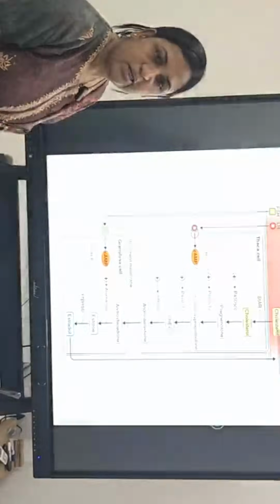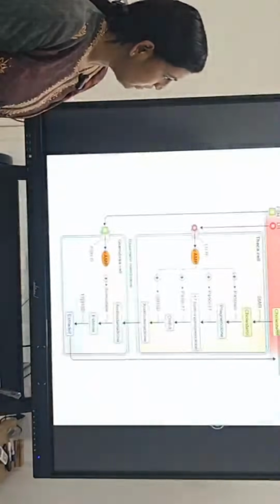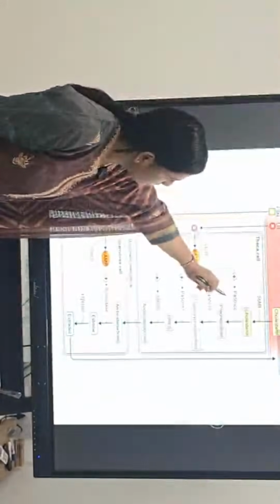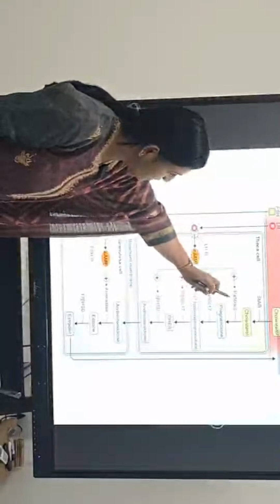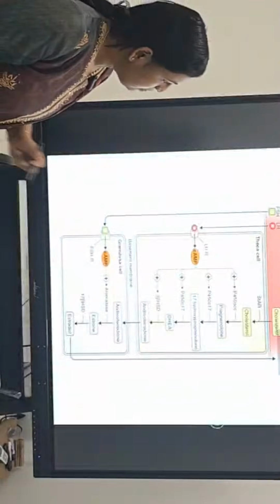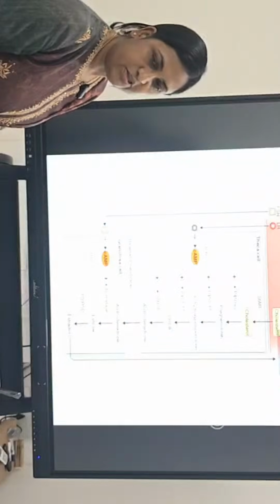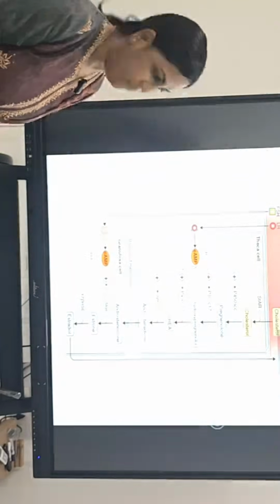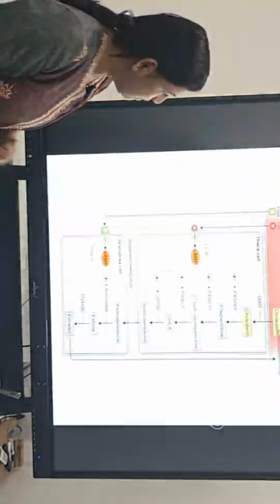This StAR protein is responsible for the transport of cholesterol inside the theca cell, and then under the effect of P450 side chain cleavage enzyme, it gets converted to pregnenolone. Then with the help of P450C17 enzyme, the androgen production will take place. Now this theca cell is lacking the aromatase enzyme. So the androgens will diffuse to the granulosa cell. Here, in the presence of aromatase enzyme, the androstenedione will convert to estrone and estradiol.